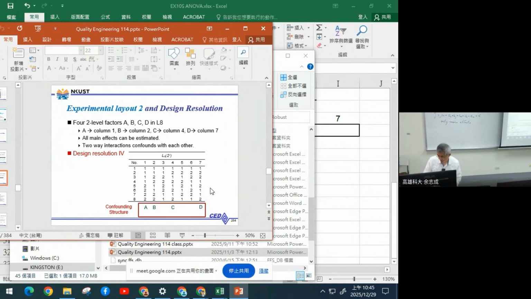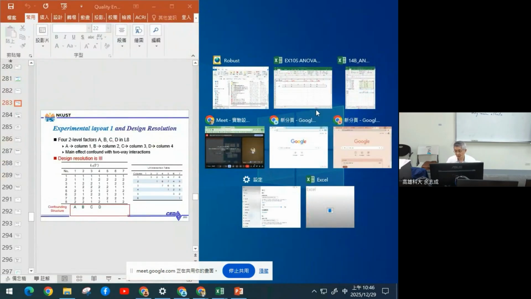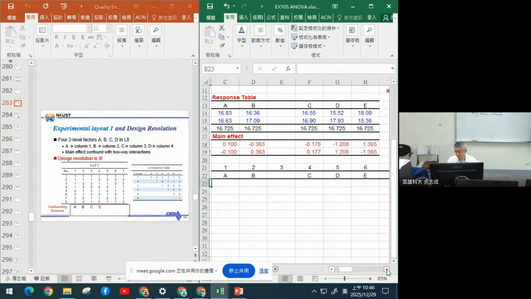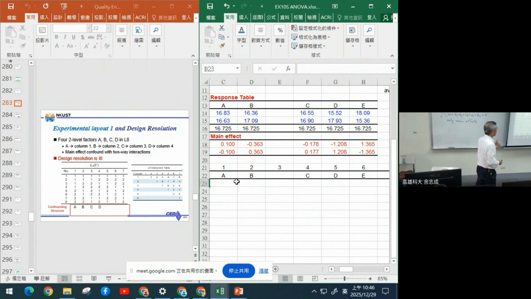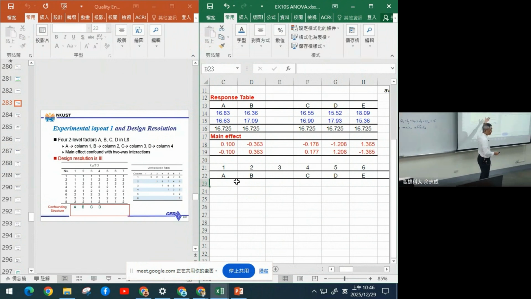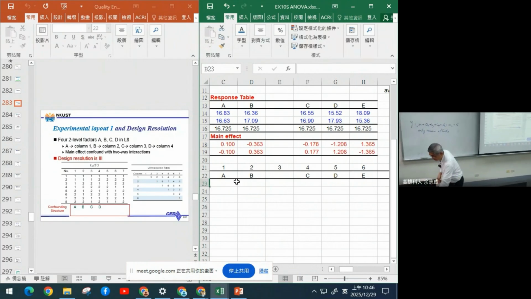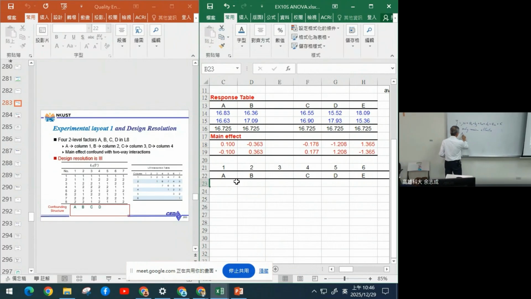How about our experiment? What is our confounding structures? Let's put it here and try to find out confounding structures. Now, we have 5 effects, A, B, C, D, E. So from this table, please find out the confounding structure. First we need to find out how many interactions there will be. We have 5 effects, right?